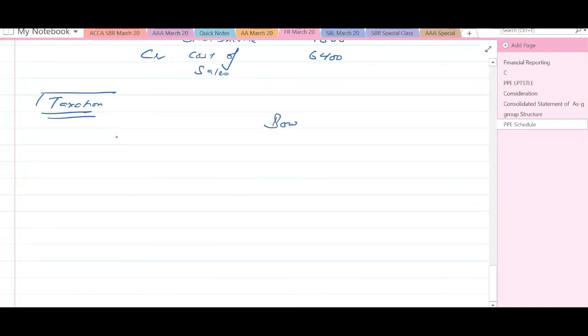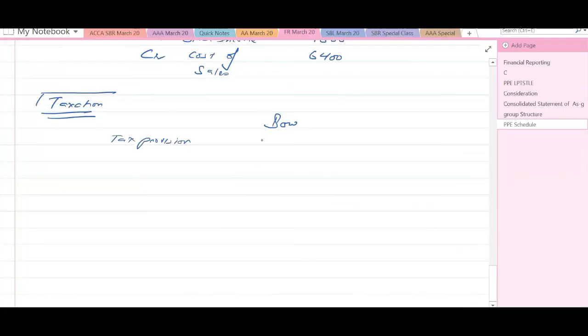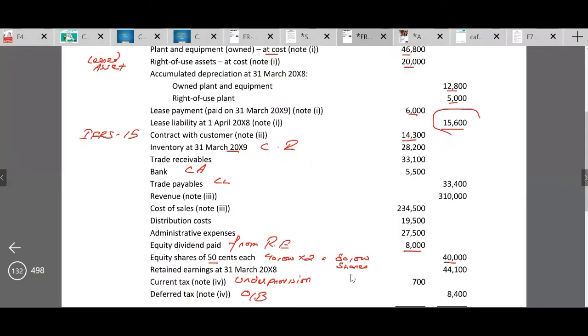So it's the tax provision, which is the current year tax, 4,500. And remember there was an under provision which increases the tax charge. How much was that? 700.